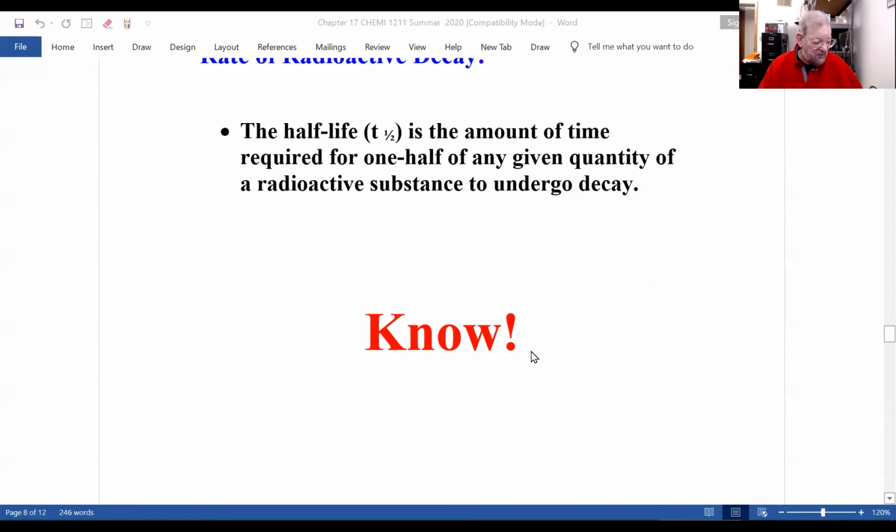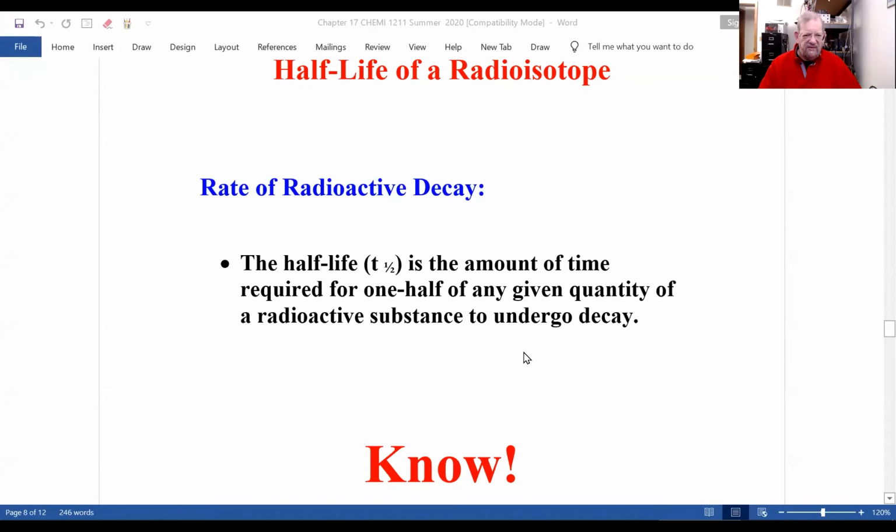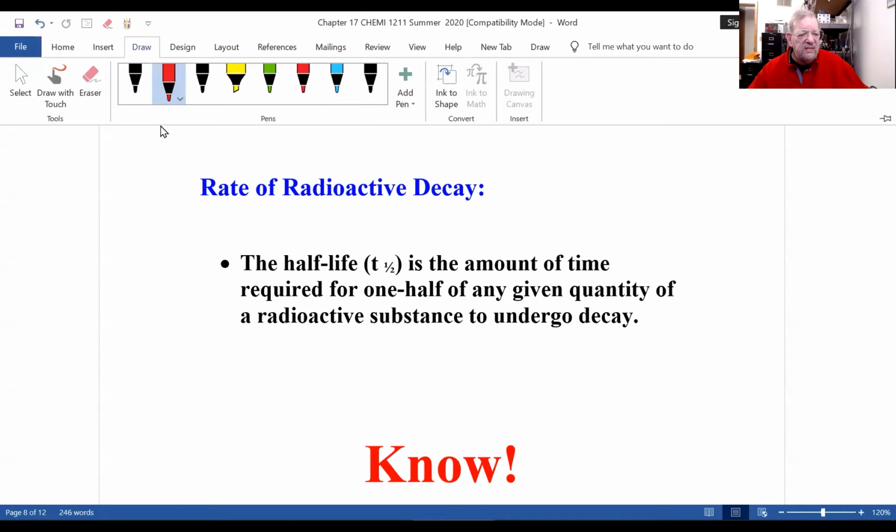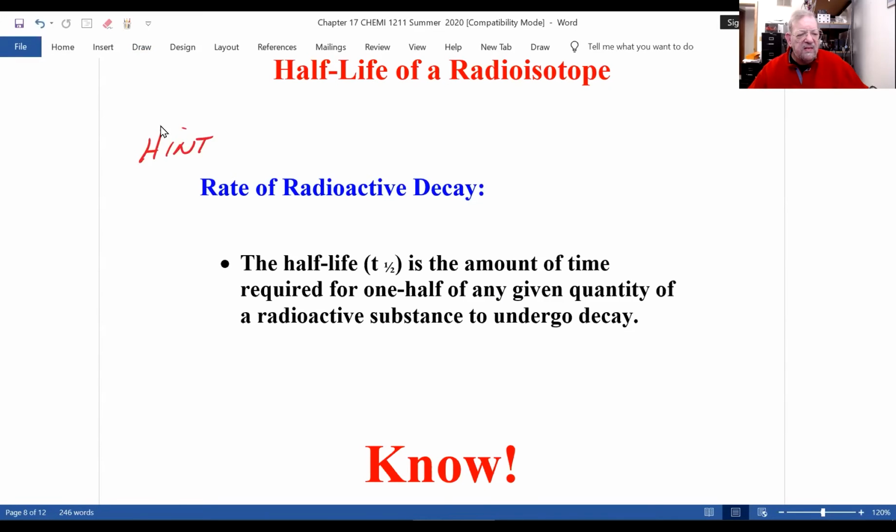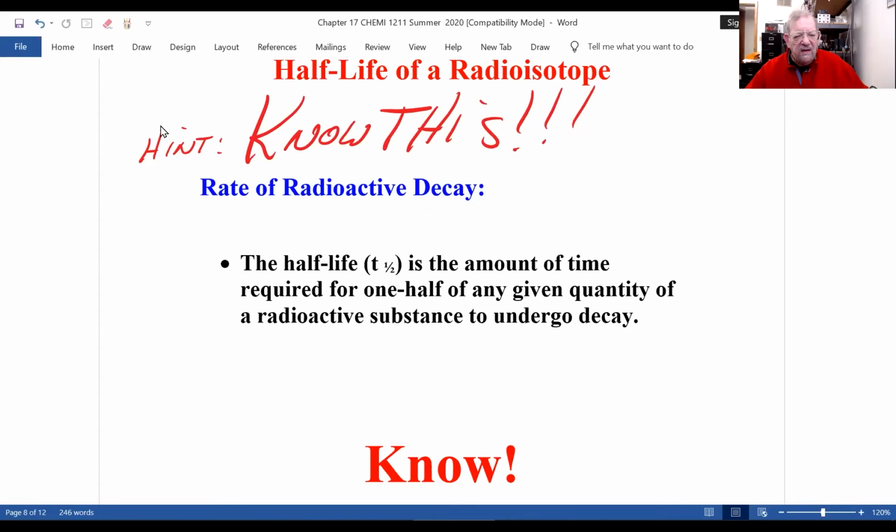Know this: the half-life of a radioisotope, a radioactive element, is the time it takes for half of it to decay. And let's look at what this means.